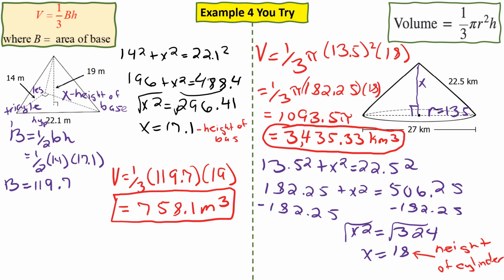So I had to use Pythagorean Theorem to find that small b, and then I also had to use Pythagorean Theorem in the cone to find the actual height of the cone. So in both of these you had to use Pythagorean Theorem, but if you did not get it right, please pause the video a little longer to analyze the work here just a little more.